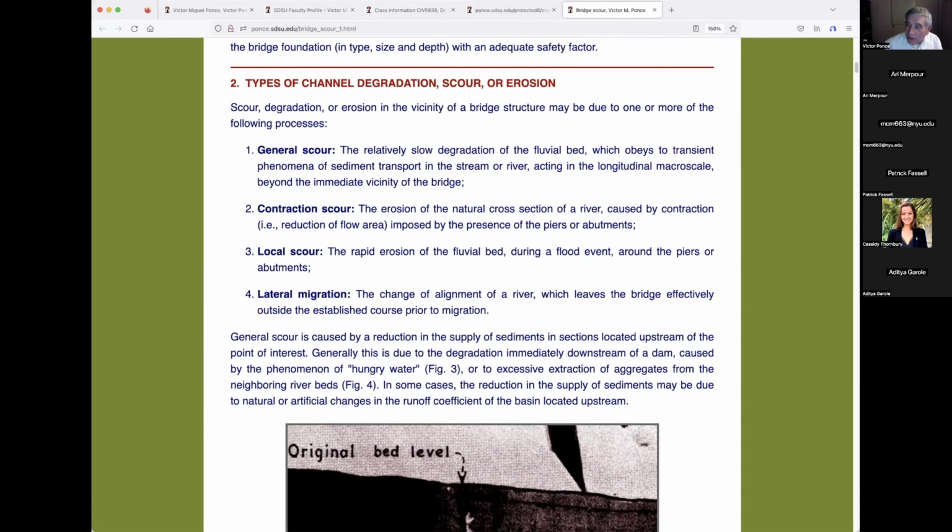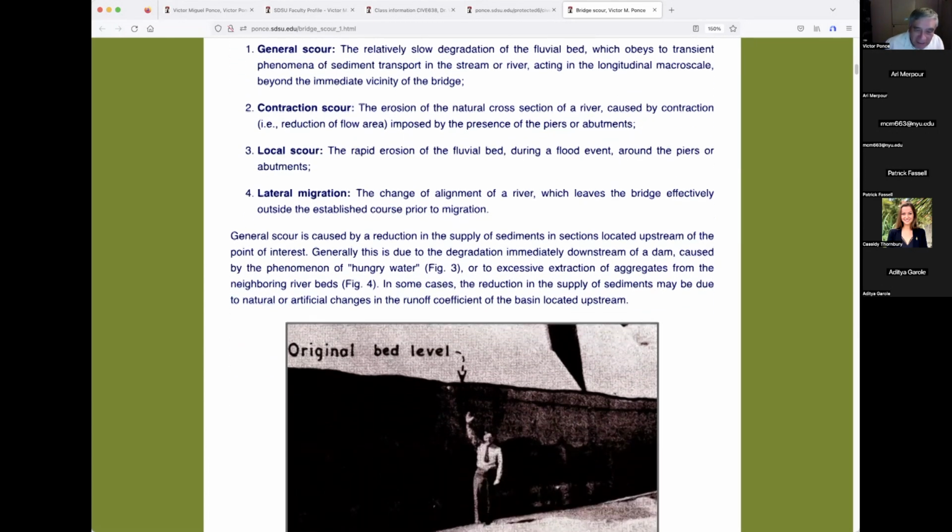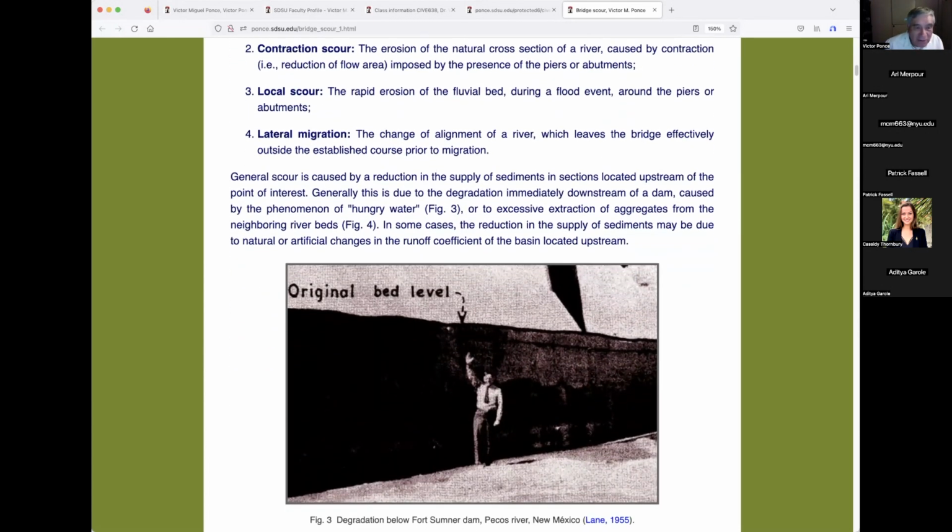In the case of lateral migration, the bridge is standing, but the river has gone elsewhere. So the project still failed, but it didn't fail due to an issue of scour, a local scour. It failed due to the fact that the river moved somewhere else. It meandered and moved. Does that happen? It happens all the time in many places. I've seen it with my own eyes, by the way. And I'll explain to you later on.